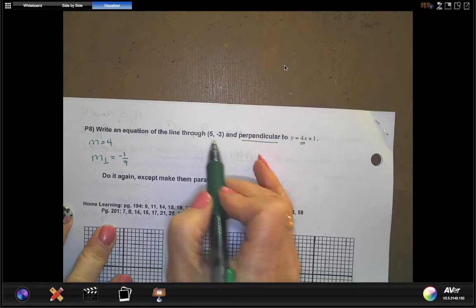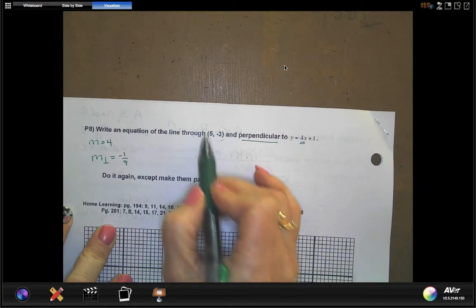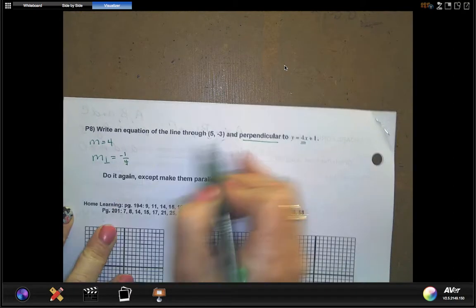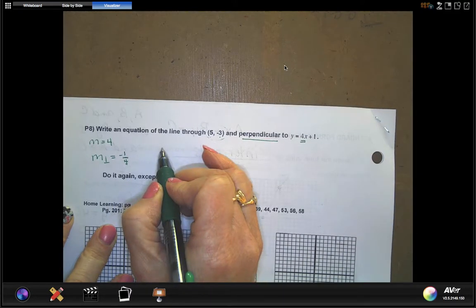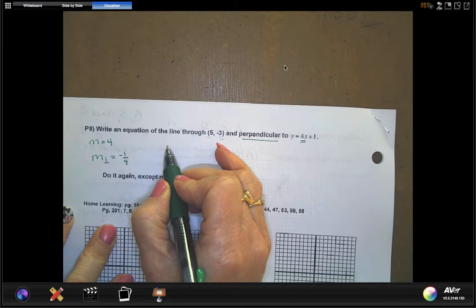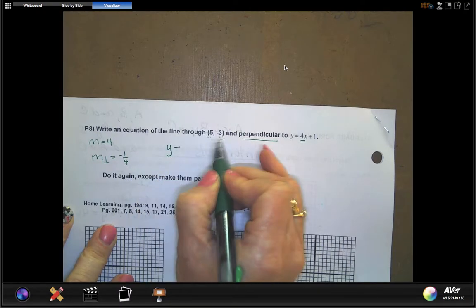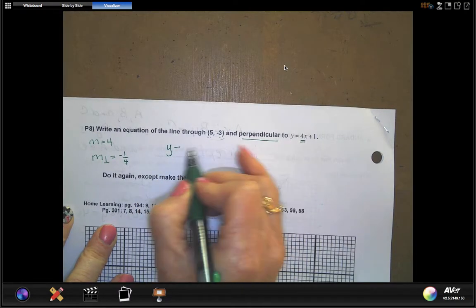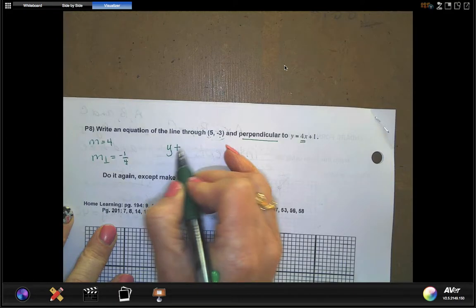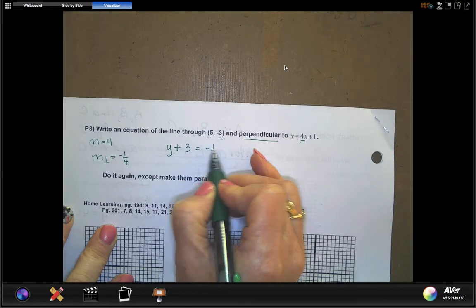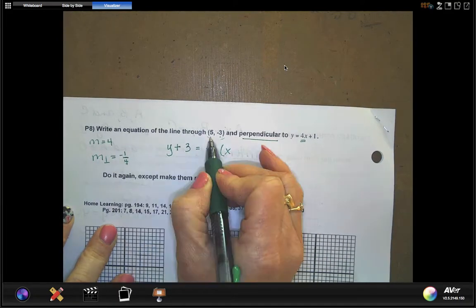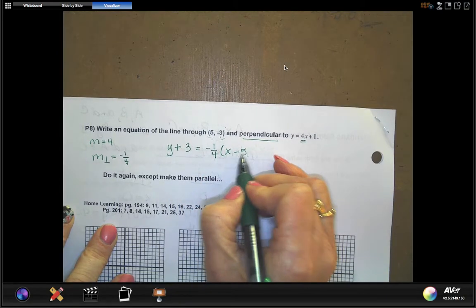All right, if I want to go through that point, so I have a slope and a point, the easiest way to write the equation is using point-slope. So y minus y1, so y minus -3, so it's +3, and then the slope, and then x minus 5.